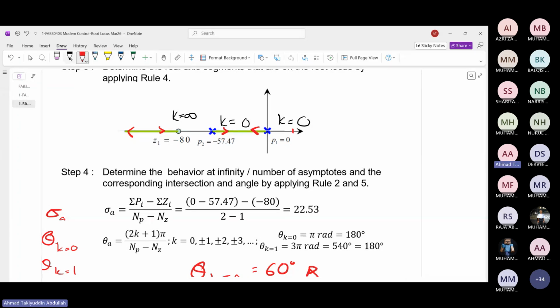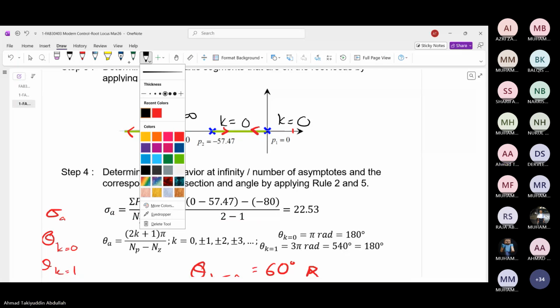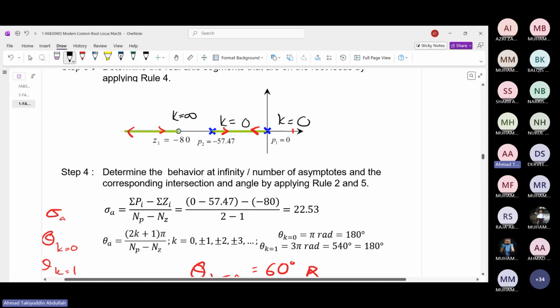So I'm going to have this known as sigma D. Okay, sigma A. Sorry. Because there will be another sigma D that is important when we are going to have our design later.